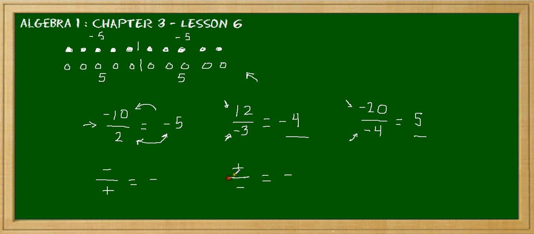And lastly, we have a negative divided by a negative, and that's going to yield a positive result. And again, we prove that using multiplication, because we can determine the answer of a number divided by another number by simply thinking, well, the number that you're dividing by, what do you multiply by to get that same number? And again, we just simply follow those multiplication rules that we've learned.